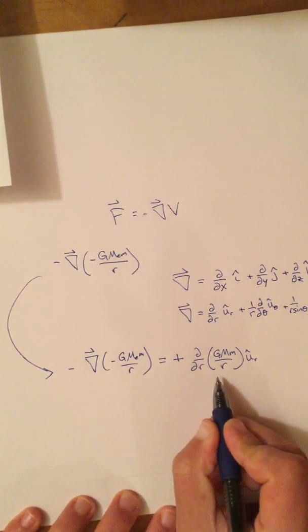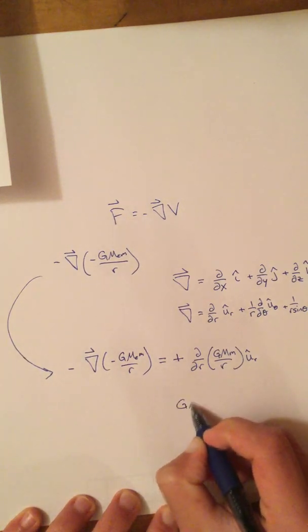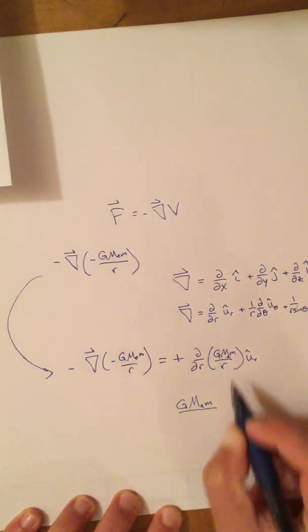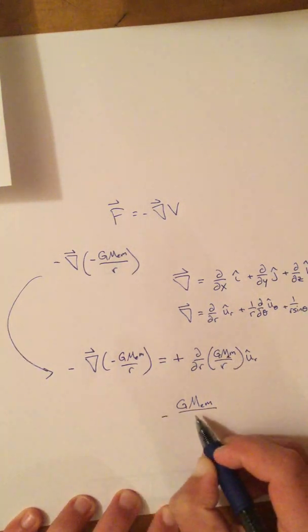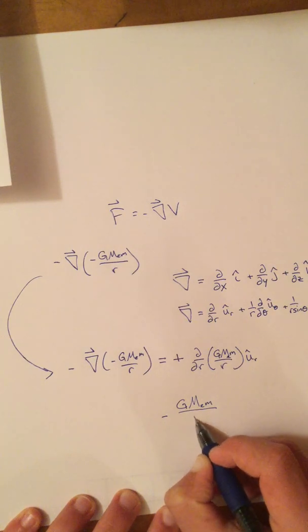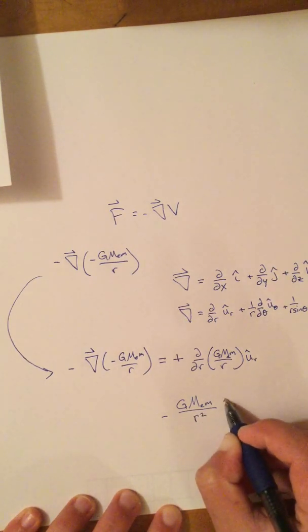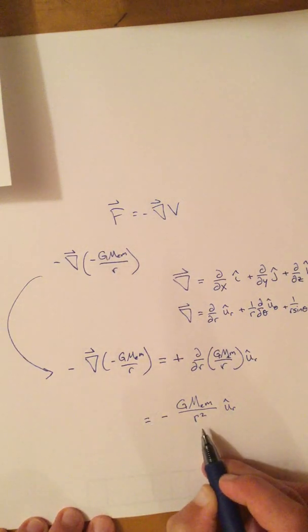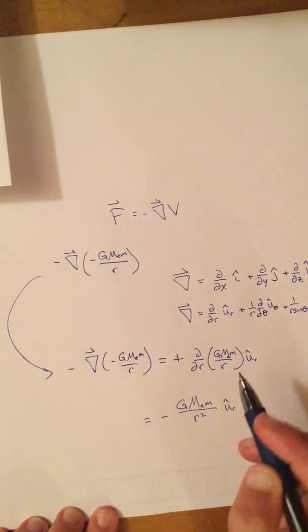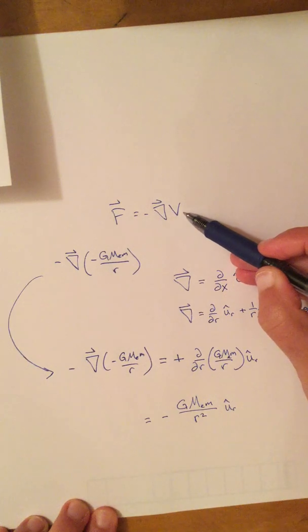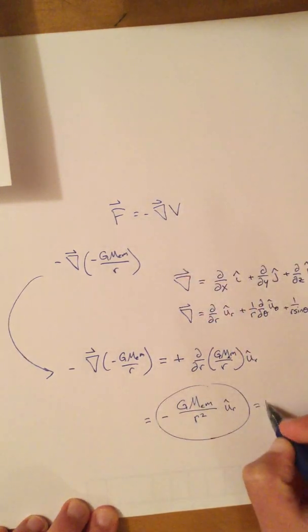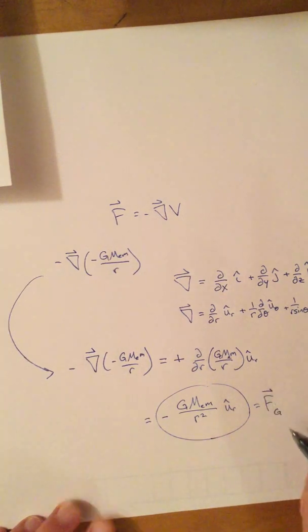The partial derivative with respect to r of the constant times 1 over r would give me negative 1 over r squared. To show that this is conservative, when I take the negative gradient of V, I have to get my force back. This is equal to my force.